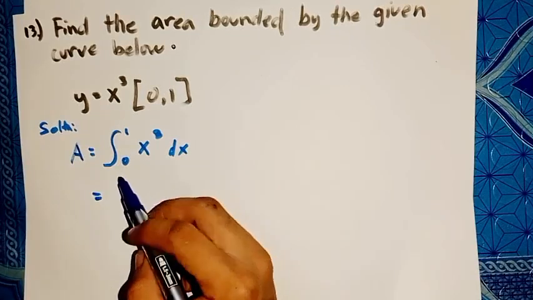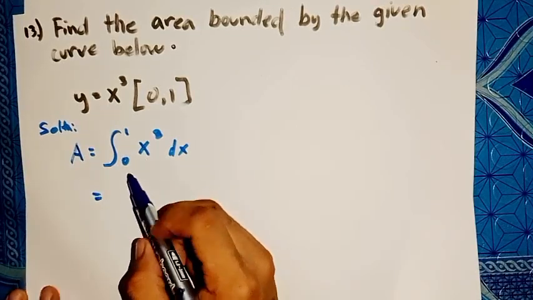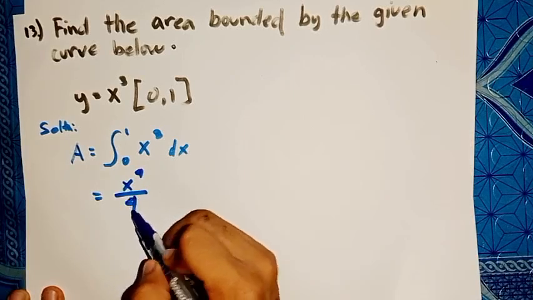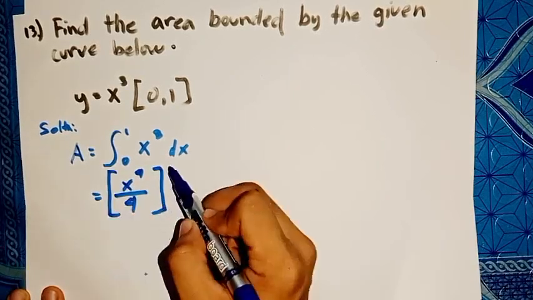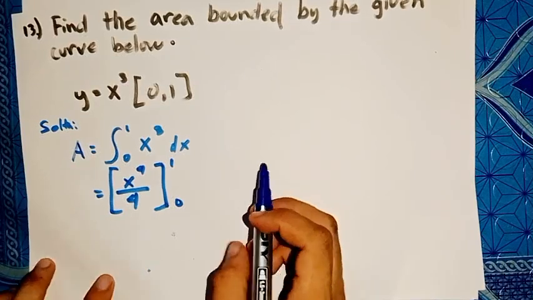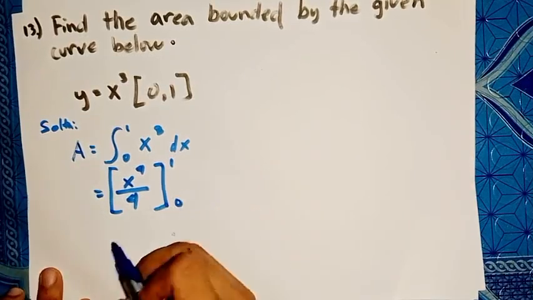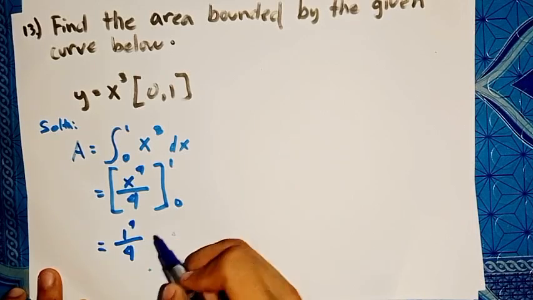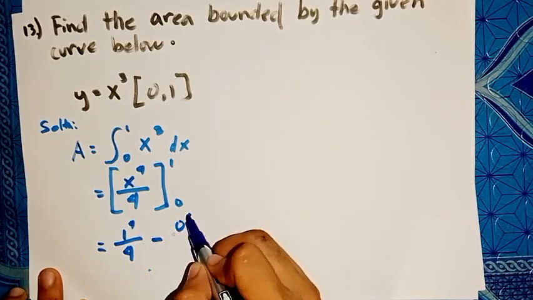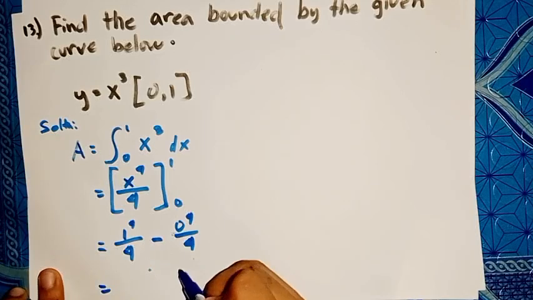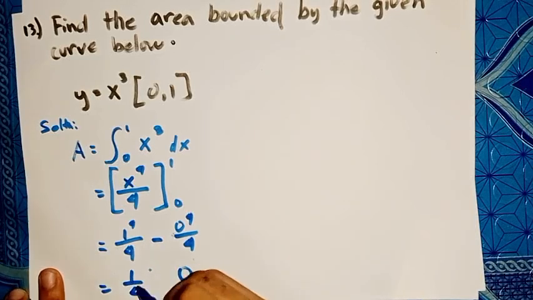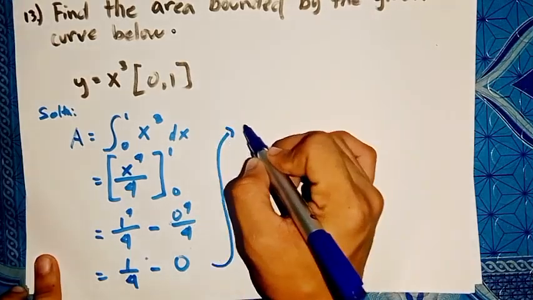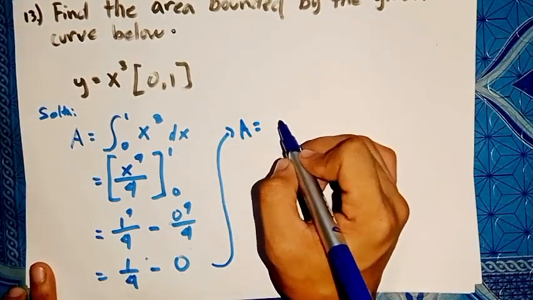Therefore, the antiderivative of x cubed is x to the 3 plus 1, x to the 4, over 4, evaluated from 0 to 1. Now let's subtract the lower limit from the upper limit. We have 1 to the 4 over 4 minus 0 to the 4 over 4, since it is 0, and this is 1 over 4. Therefore, our area is equal to 1/4.